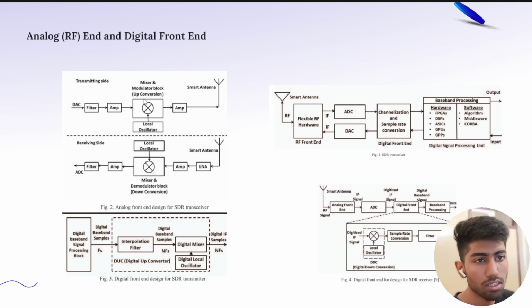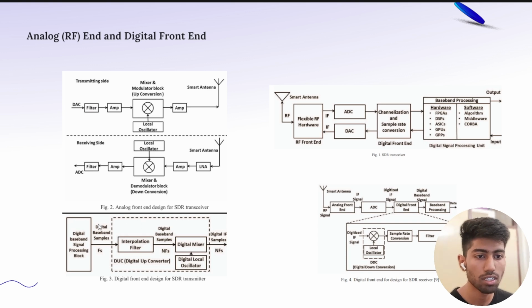Then there is a mixer and another amplifier, and then it goes to the smart antenna to transmit into the wireless medium. On the receiving side, all the functions are the same in reversed order, the only difference being the LNA, the low noise amplifier, which removes noise and reduces the signal to a lesser amplified signal. And then there is the digital front end.